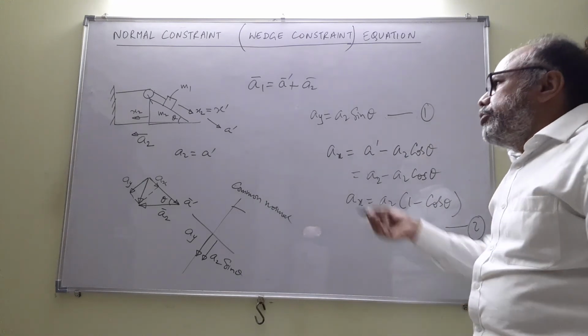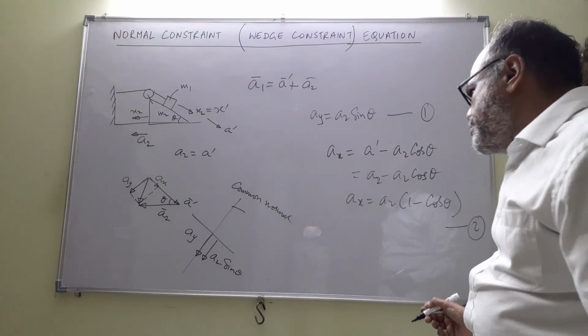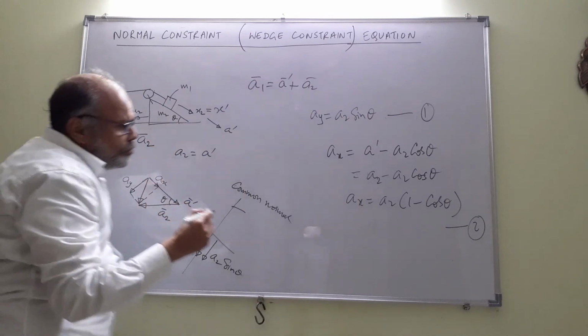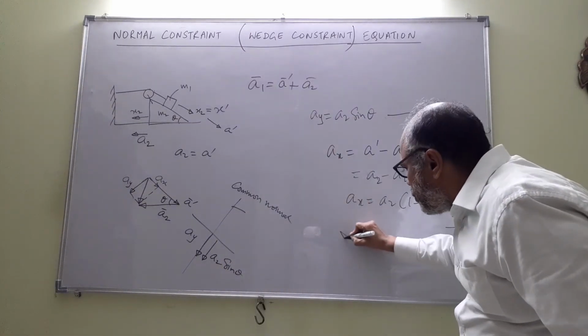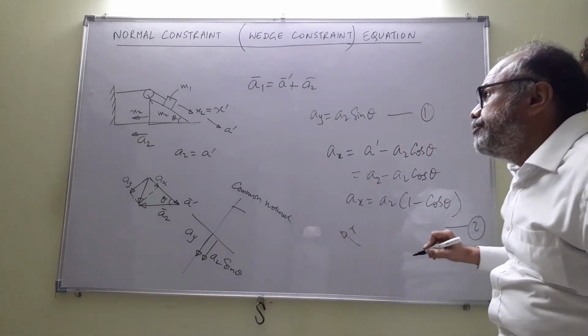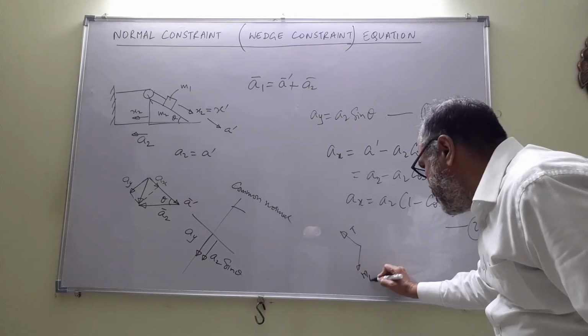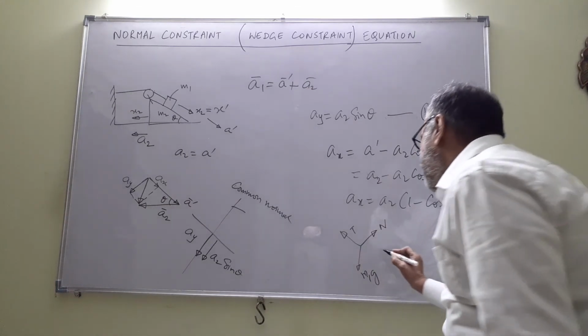Next, what you need to do is write the force equations for each of these. For the force equations, if you draw the free body diagram for the block, there will be tension upwards, m1g downward and N like that.